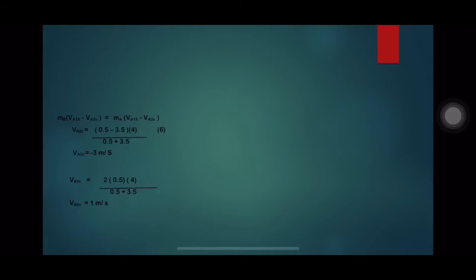You also must have noticed why VA2x is negative. Well, that is interpreted as object A going in the negative direction after the collision, and object B going in the positive direction. This is it for the elastic collision part.